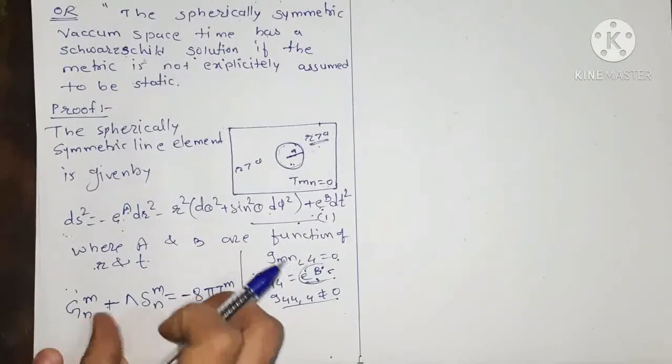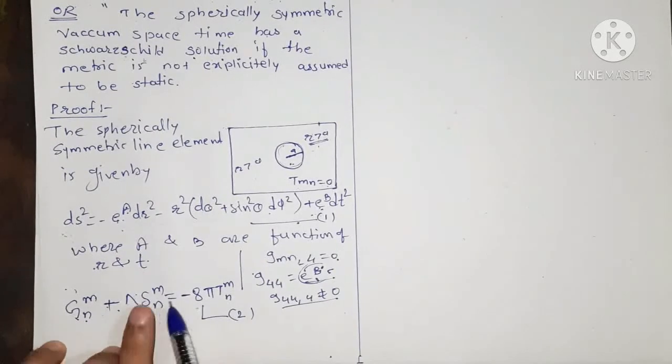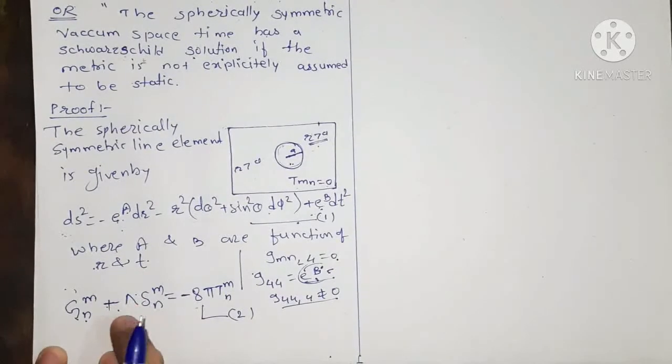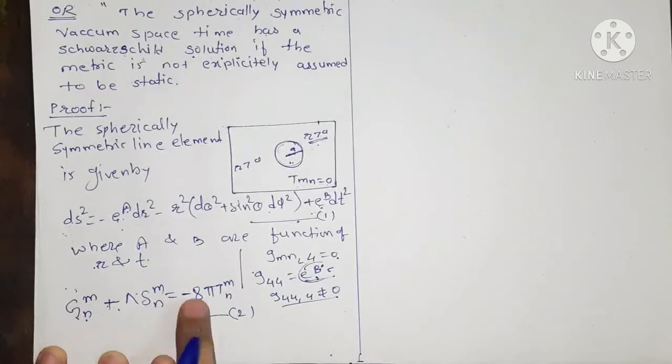Here Λ is called the cosmological constant, and δ^m_n is our Kronecker delta.